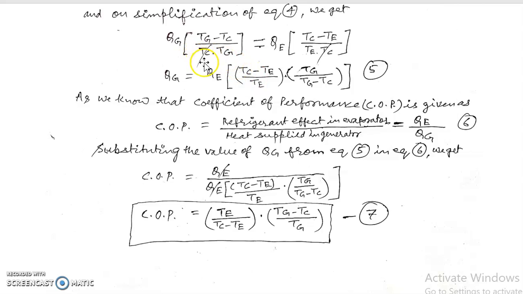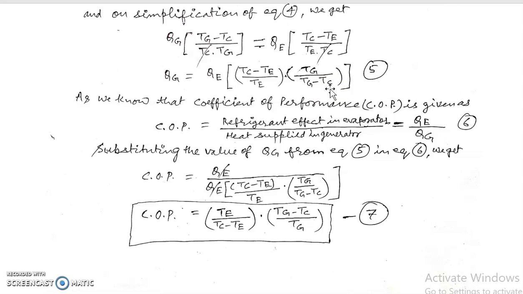So here we can cancel out TC and we get the heat supplied in the generator in terms of QE and the product of 2 terms. One term is TC minus TE over TE and the other term is TG over TG minus TC. So this is equation number 5.